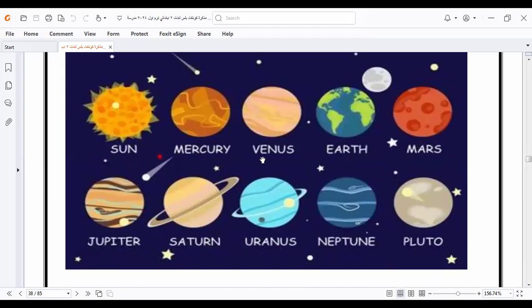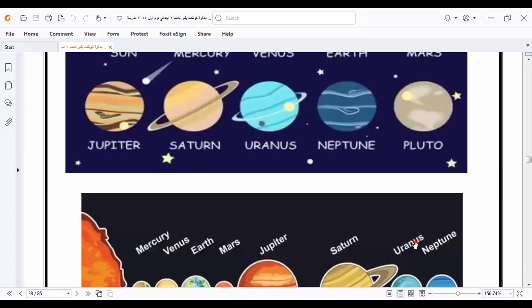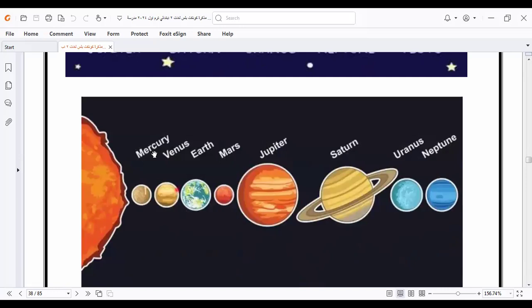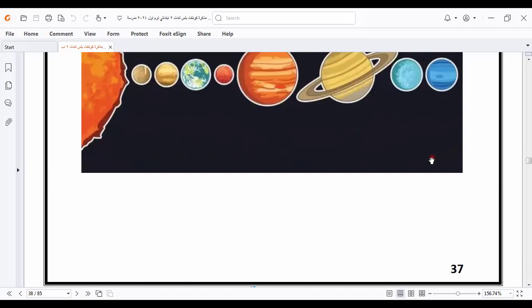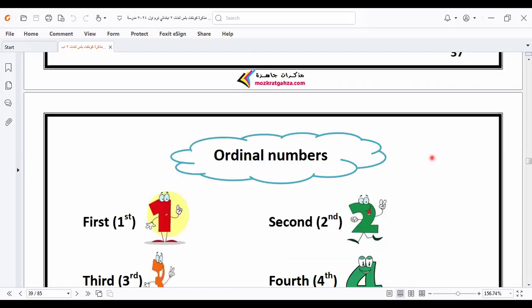These are the names of the planets: Mercury, Venus, Earth, Mars, Jupiter, Saturn, Uranus, Neptune. Okay, let's go to another item.